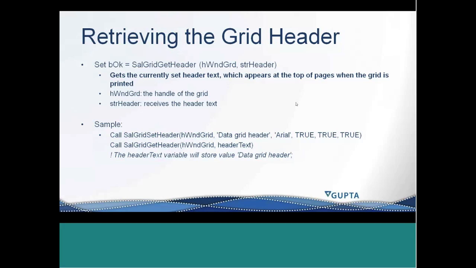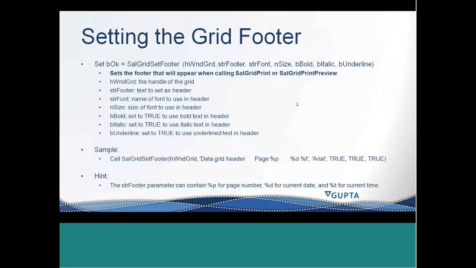So the same thing for the footer, the ability to set the footer that will appear when calling SalGrid print or print preview. Exactly the same parameters. And once again, when I call SalGrid set footer, I can also use the specifiers. For instance, here I'm using specifiers for page, date, and time for my footer in the grid.